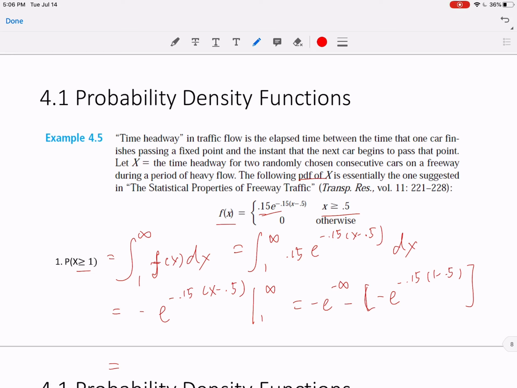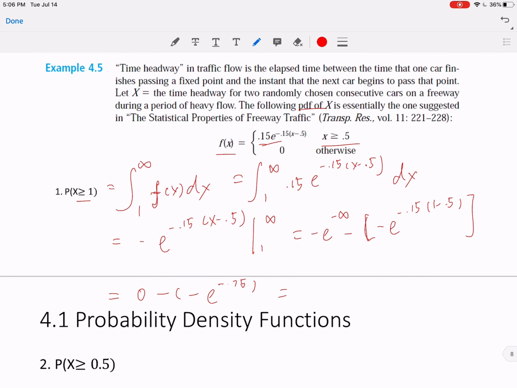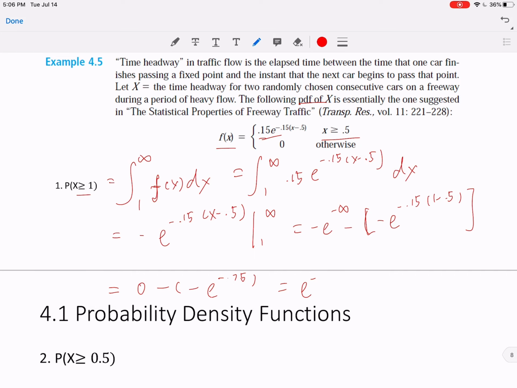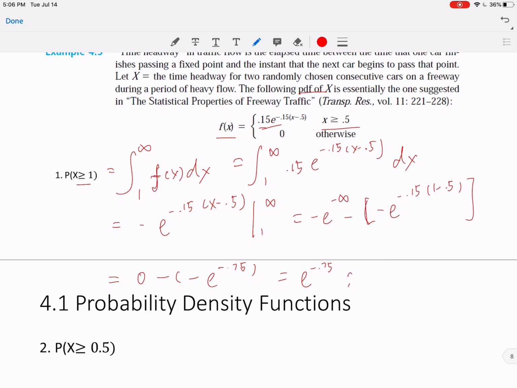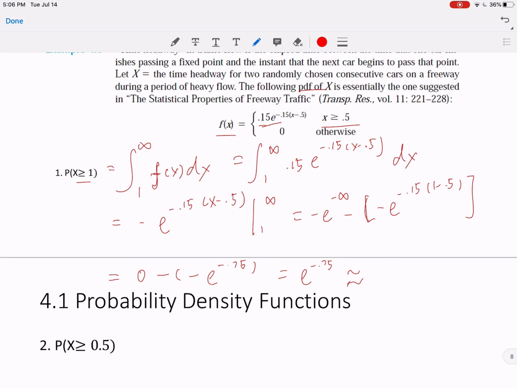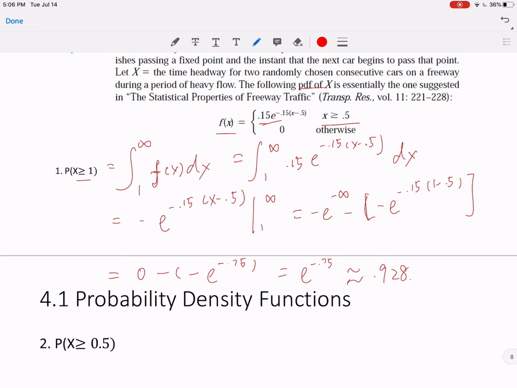Then 0 minus negative e to the negative 0.15 times 0.5, which is negative 0.075. Since we have minus, it becomes a plus, so that is e to the negative 0.075. Typing this into your calculator, that is approximately 0.928. That's how to find the probability that x is greater than or equal to 1.